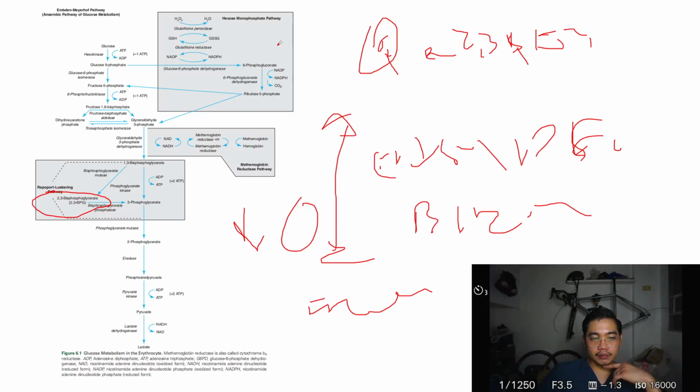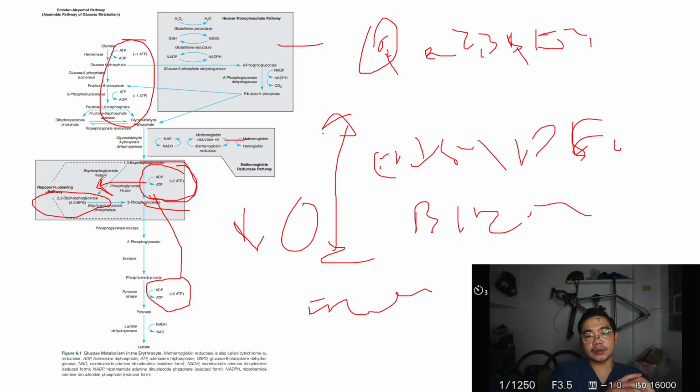So I think we talked about the three major pathways. So what will happen in 2,3-BPG? Instead of earning additional ATP, you will use the ATP that you have consumed here to form 2,3-BPG.